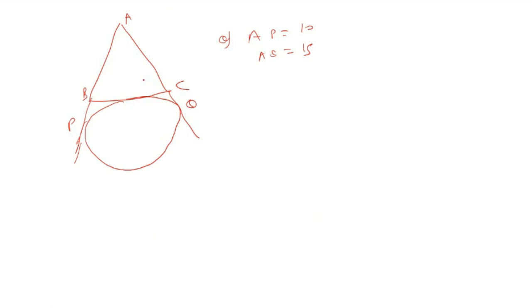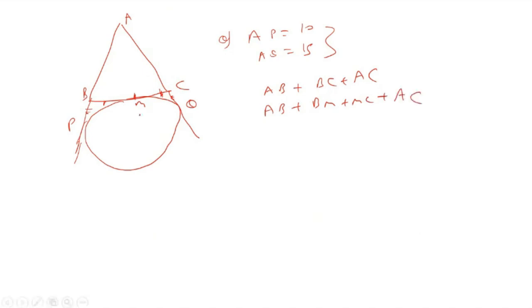So basically, if this length is equal to this length is equal to this length, that was all the question was about. This plus this will be equal to the perimeter. Let me just write it down. If this is point M, what is the perimeter of ABC? It's AB plus BC plus AC, which is AB plus BM plus MC plus AC.